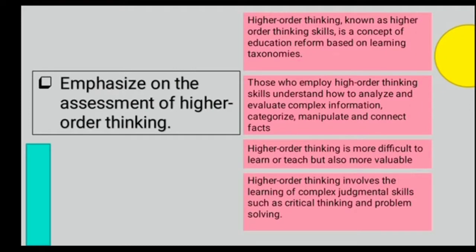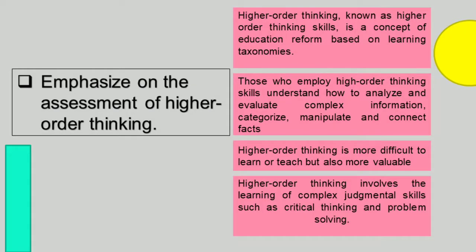Emphasize the assessment of higher order thinking. Higher order thinking, known as higher order thinking skills, is a concept of education reform based on learning taxonomies. The idea is that some types of learning require more cognitive processing than others, but also have more generalized benefits.